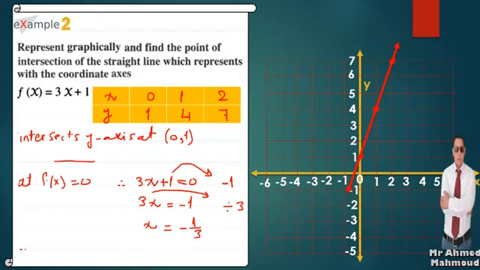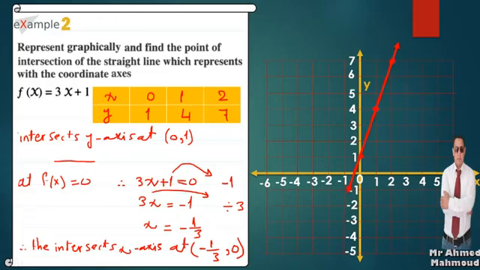Therefore, the line intersects the x axis at the point negative 1 over 3 and 0, and this is a very important remark.